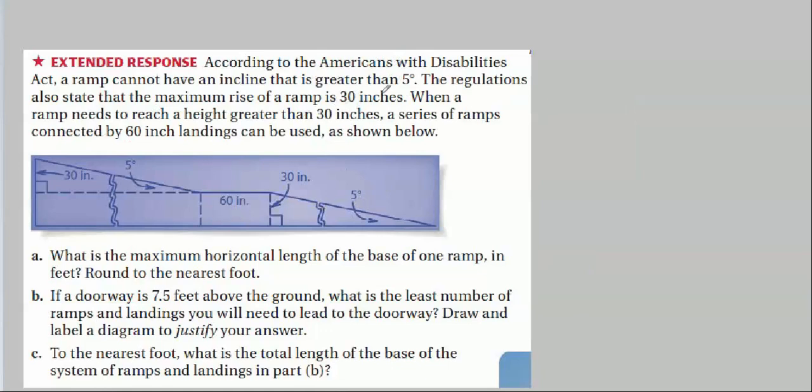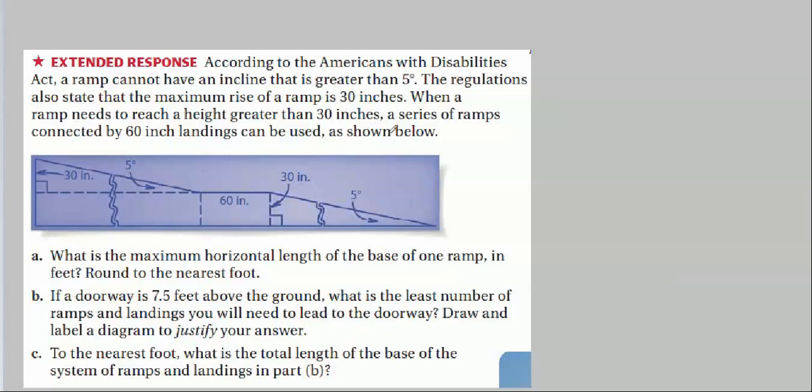After that, you'll have to produce a flat landing, which looks like 5 feet long, and then another ramp. In other words, you can't just go all the way up at a 5-degree angle and go up 6 feet. You can't do it that way.